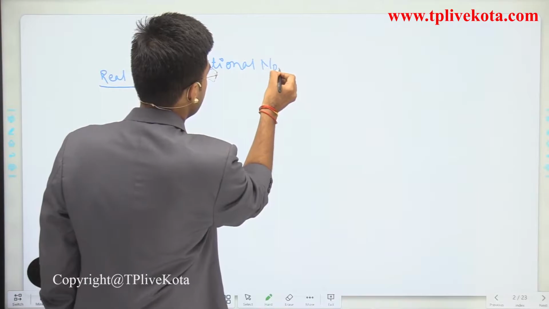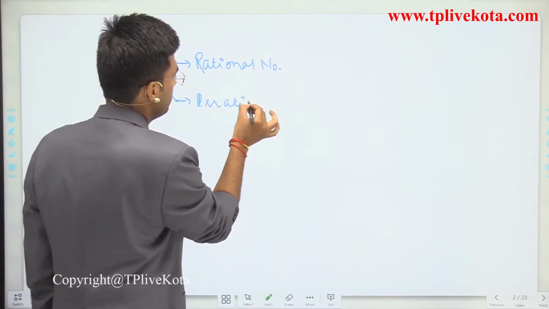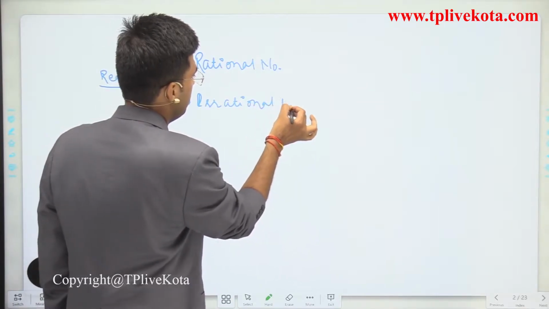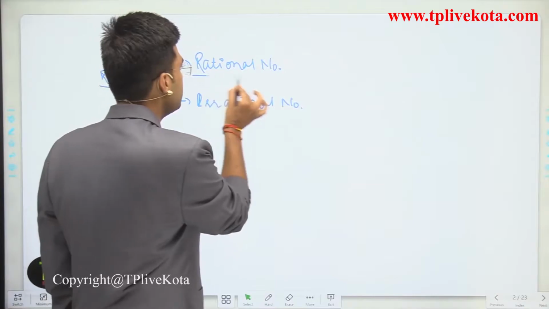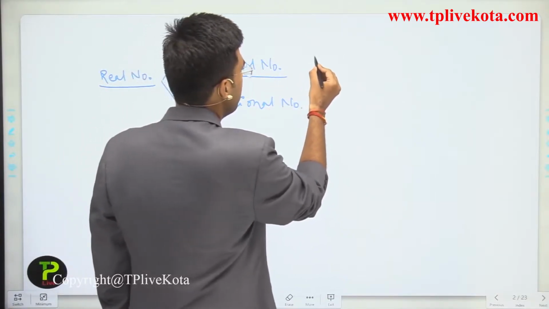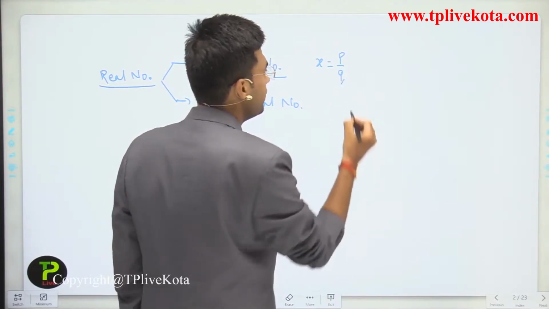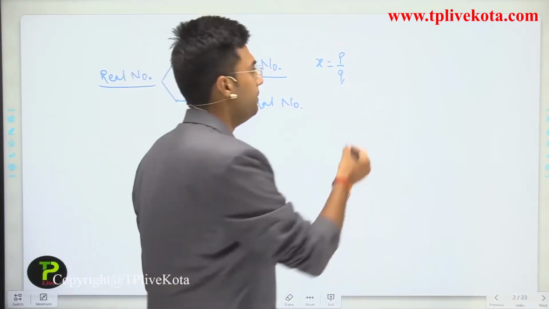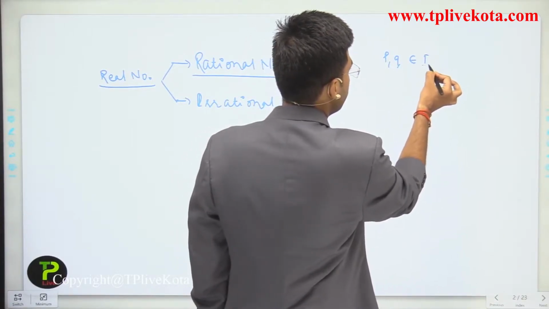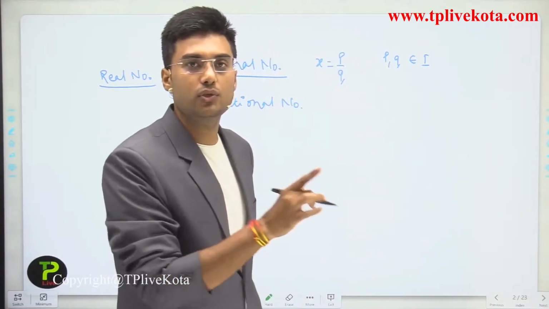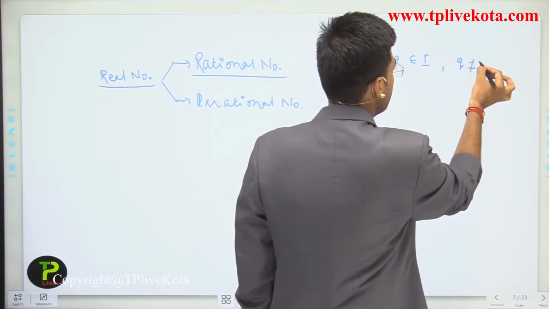And what are rational numbers? Rational numbers are the numbers which can be represented in the form of p by q, where p and q both belong to integers and q should not be equal to 0.